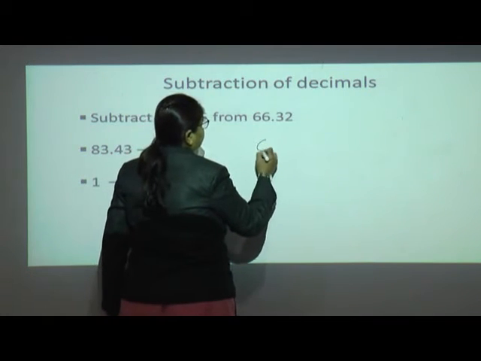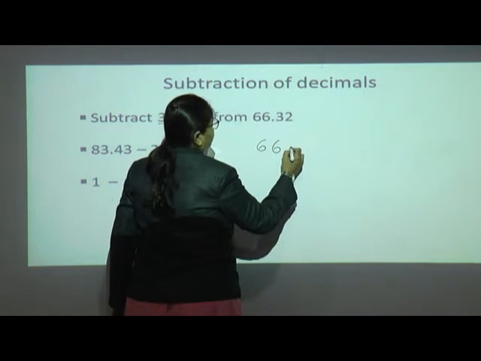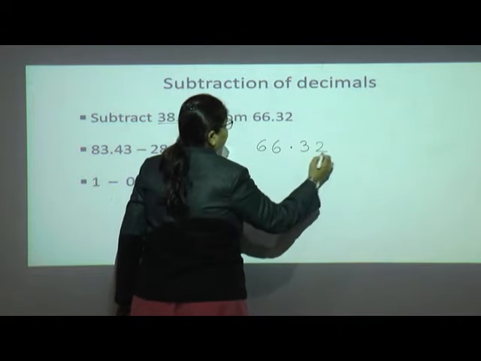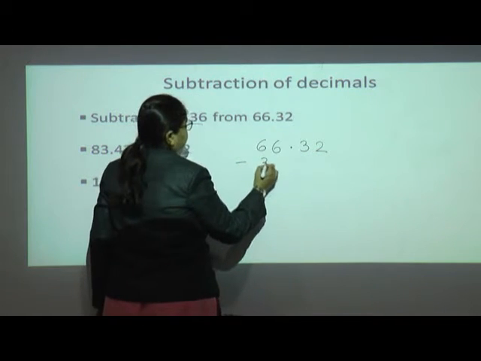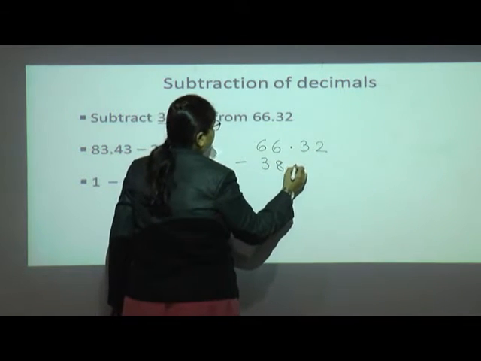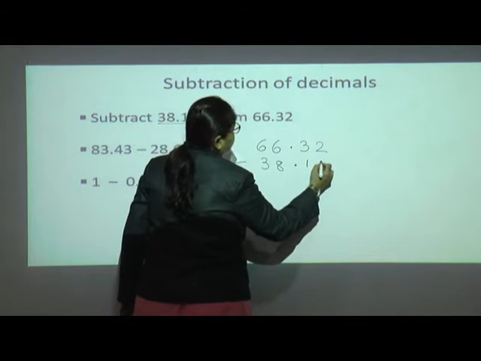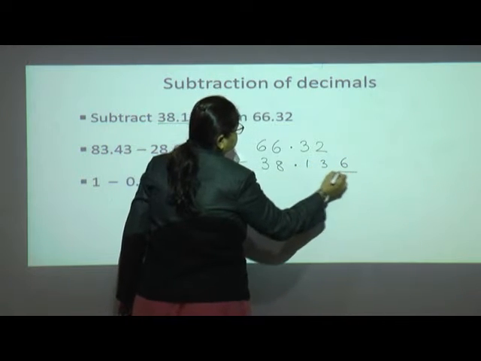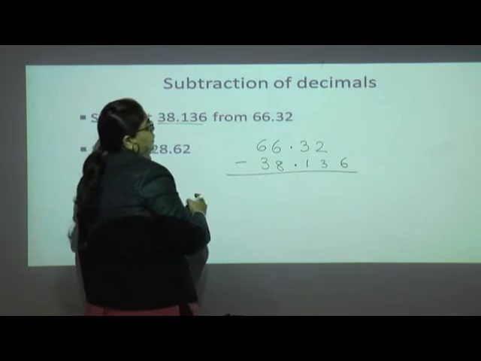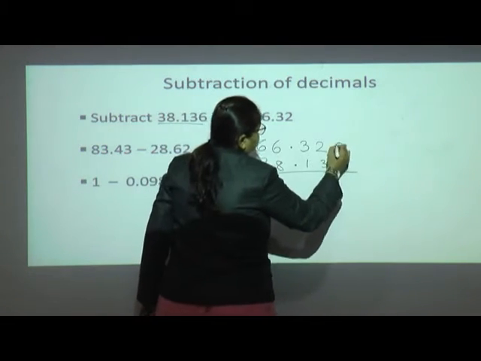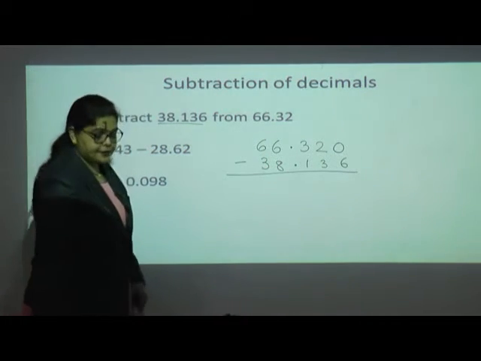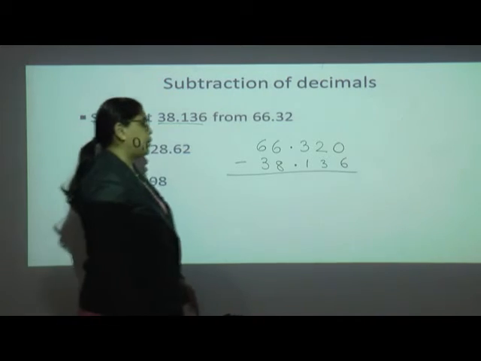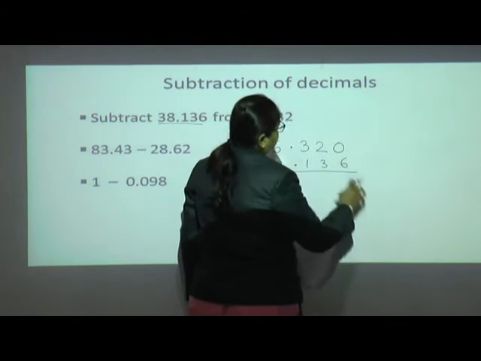So we will write here 66.32 minus 38.136. Nothing is there, but we already know the rule, we have to write the 0. Now it is subtraction, we have to subtract.